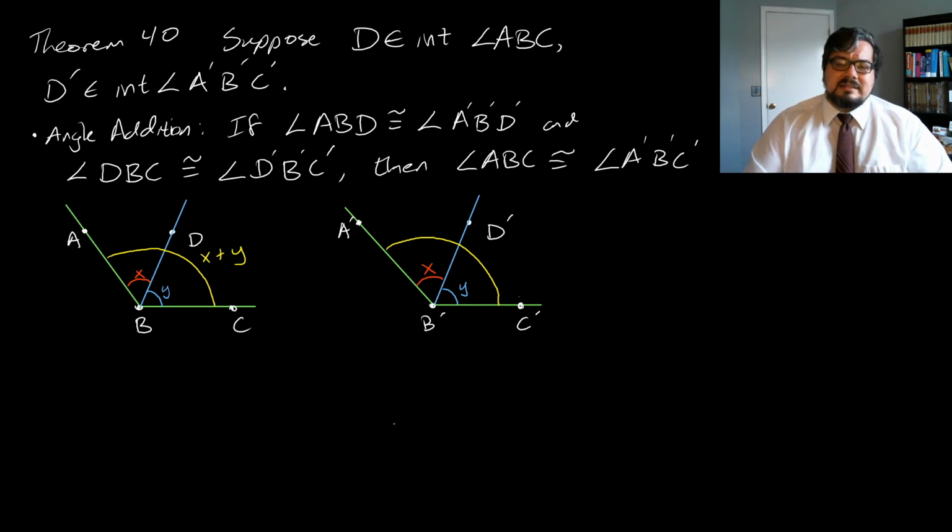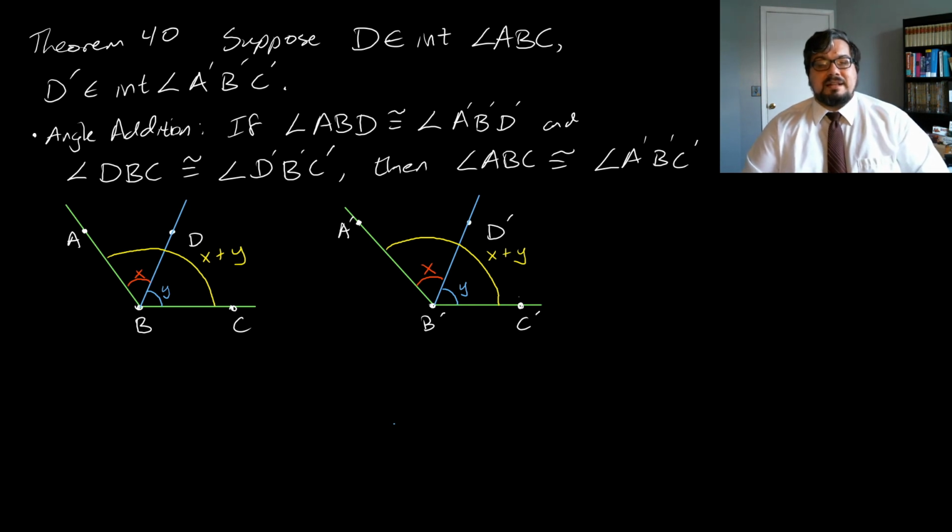But exactly the same statement holds over on the right here. So angle A prime B prime C prime has a measure equal to the sum of the measures of angles A prime B prime D prime and D prime B prime C prime. So that's what angle addition says.